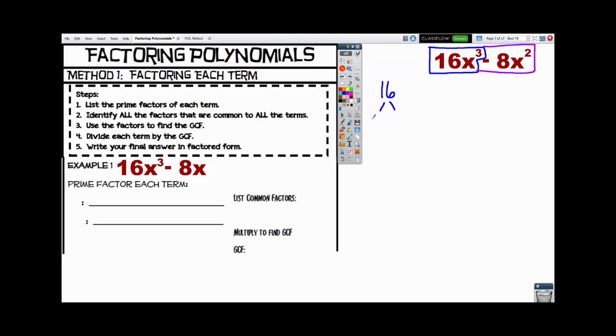When I see the number 16, the two numbers that jump out to me that multiply to make 16 are 4 and 4. And I know that 4 is definitely not a prime number. Let's factor all of these down to a bunch of 2s again.